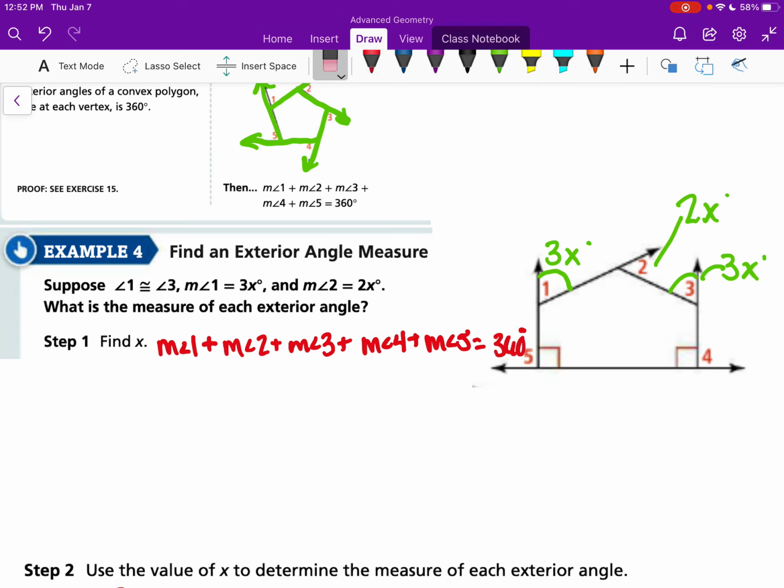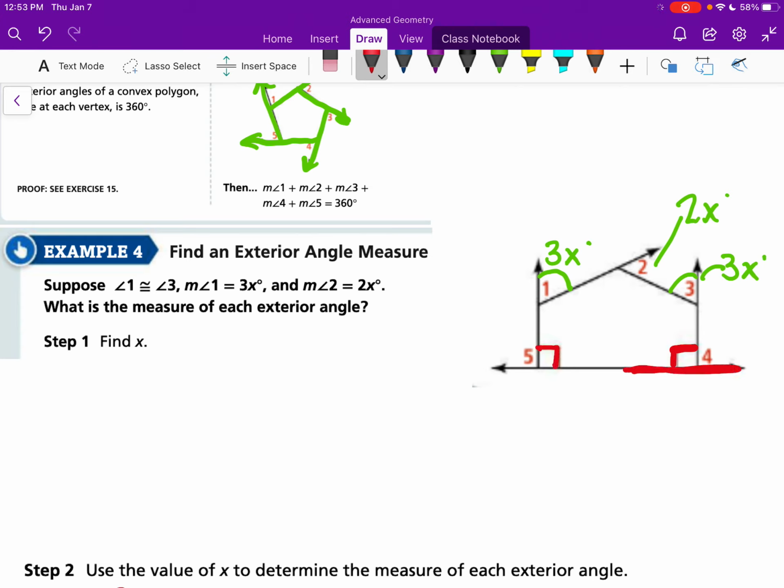Okay, that is in my way, so I'm going to erase it even though I know I just did it. Well, look at angle 4 and 5, and what do we know about those angles? If these are right angles and they form a straight line, what does angle 4 and 5 have to be? They also have to be right angles of 90 degrees.